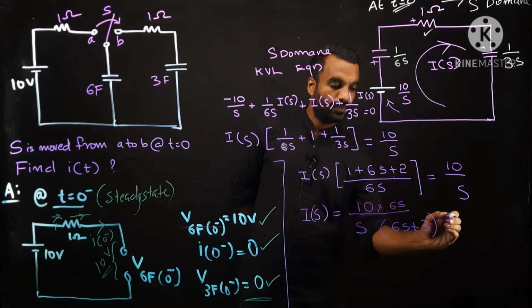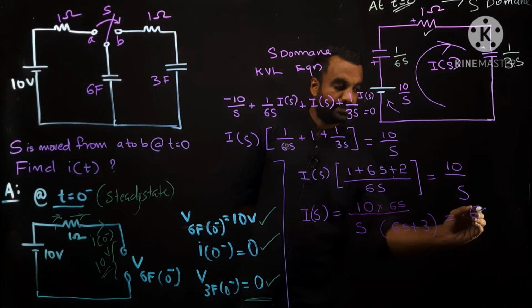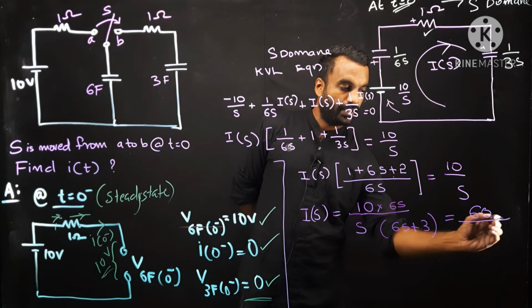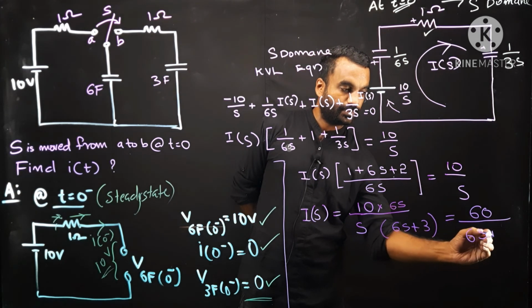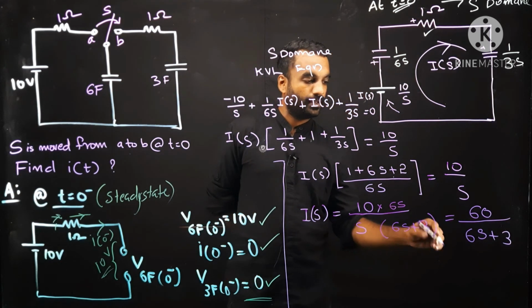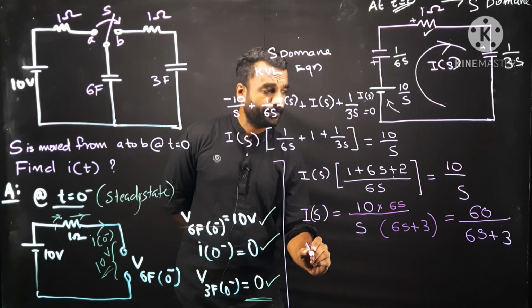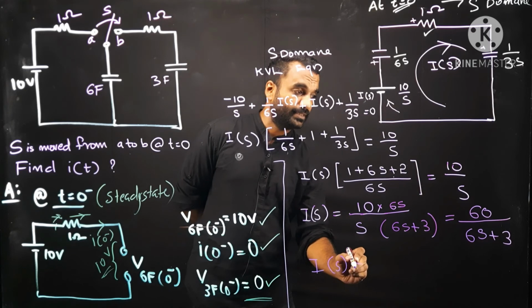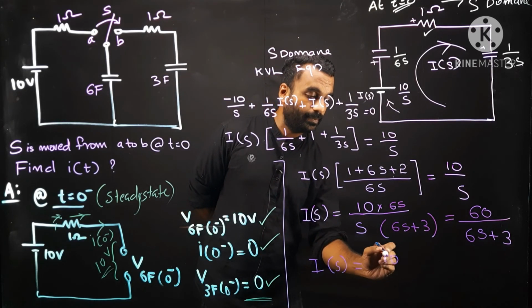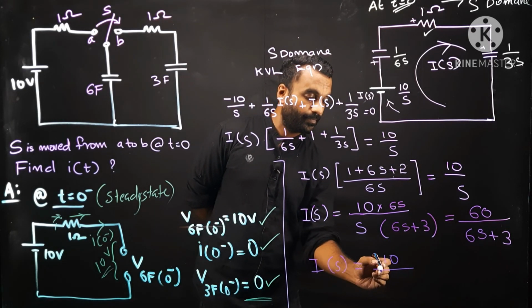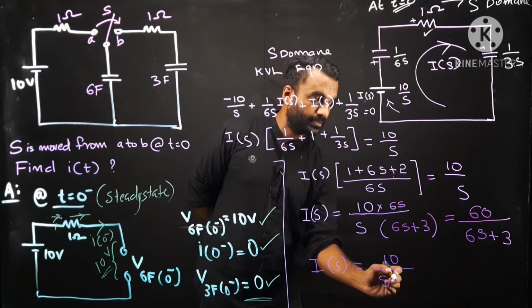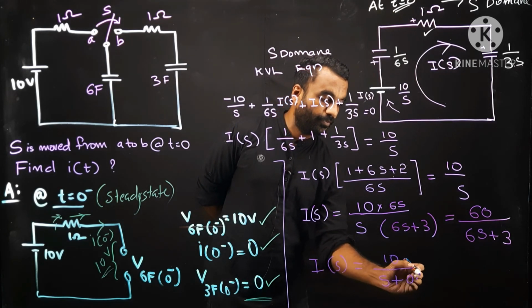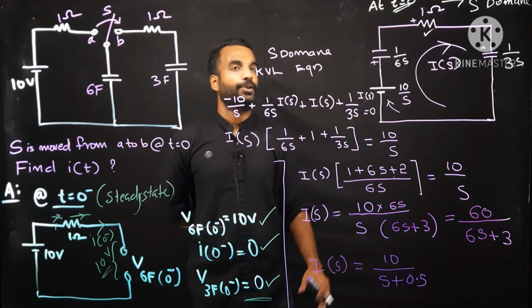That is equal to 60 by 6s plus 3. If I am taking 6 outside, what will this be? 10 by s plus 0.5. This is I of s.